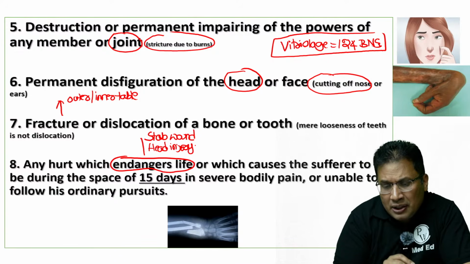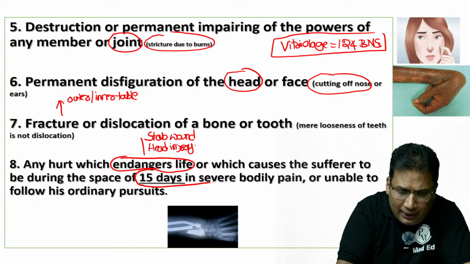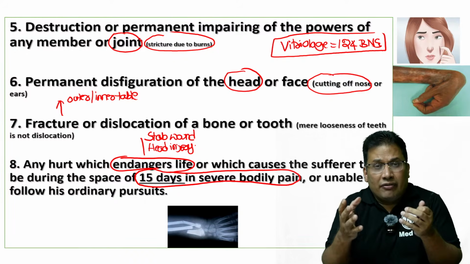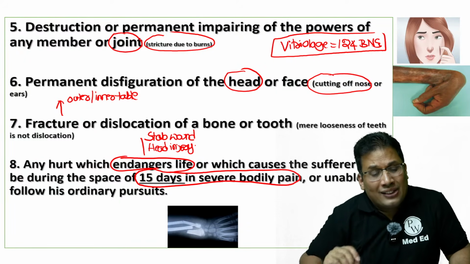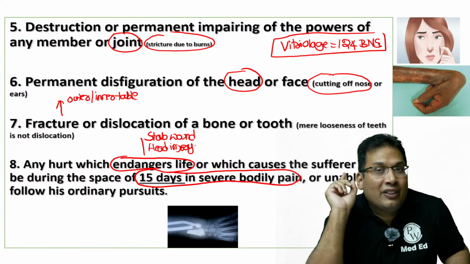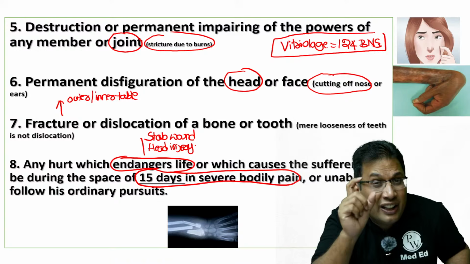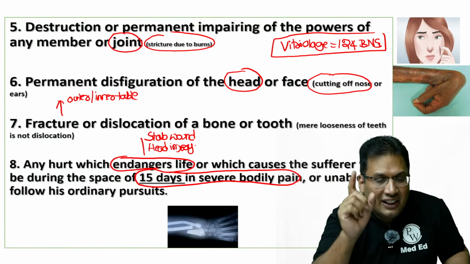Or which causes the sufferer to be, during the space of 15 days, in severe bodily pain, or any injury which causes severe bodily pain so that the person is unable to do his ordinary pursuits for about 15 days. It is 15 days, not 21 days, not 20 days.